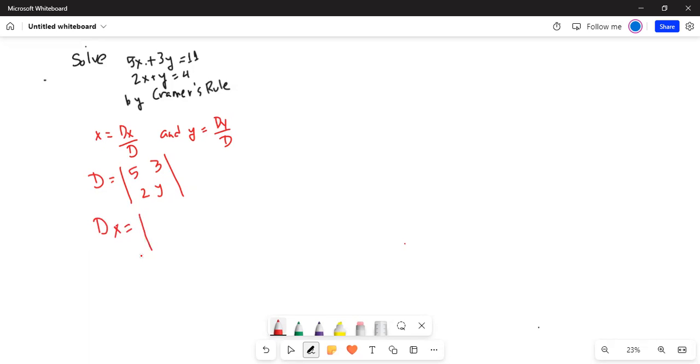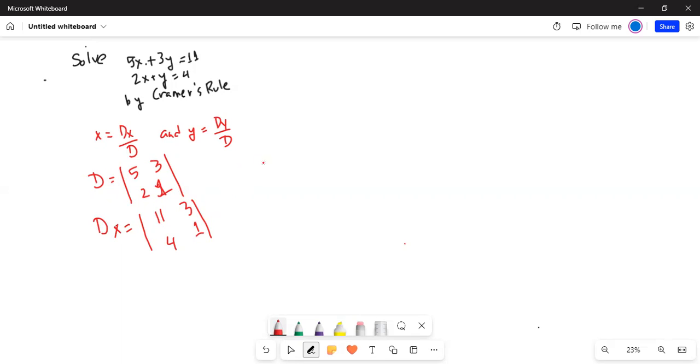When we are writing Dx, we replace the coefficients of x by the constant terms on the right-hand side of the equation. So it becomes 11, 4, and then the coefficients of y remain the same, 3 and 1.